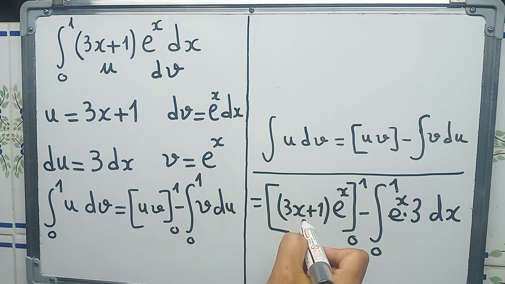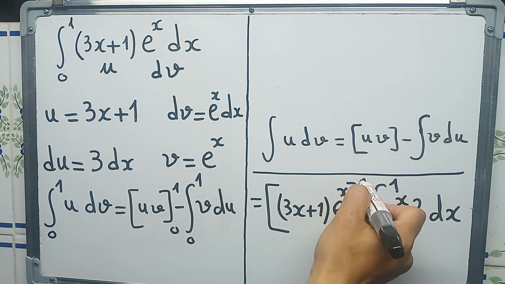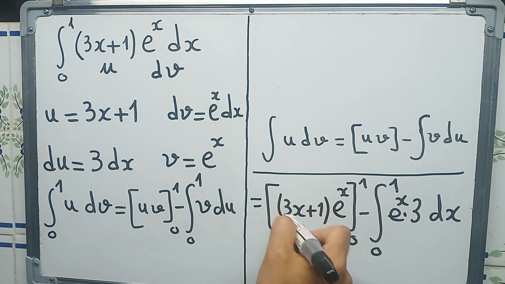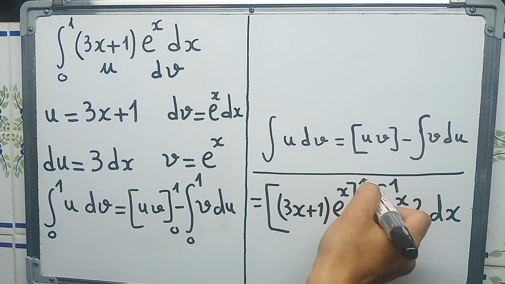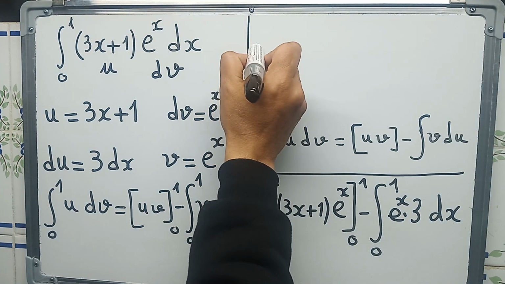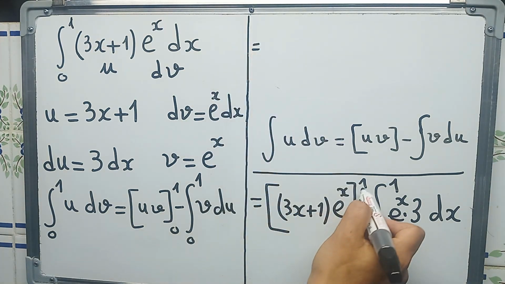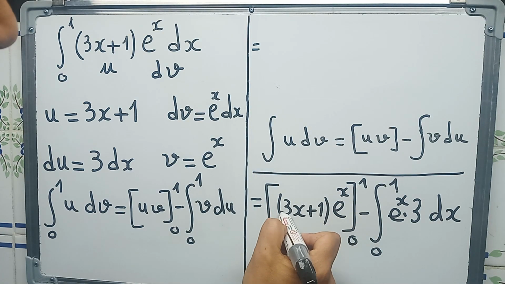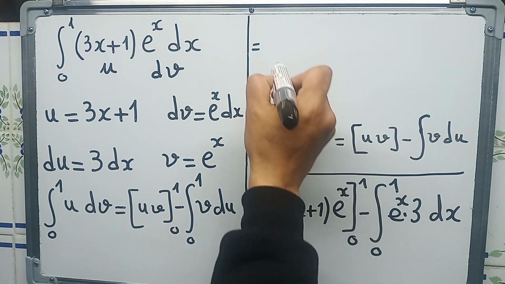Now I will just continue here. This we will calculate by plugging the two values, since we have the formula here, so we just plug 1 and 0. So if we plug 1, we will have 3 times 1 plus 1. 3 times 1 is 3 plus 1 is 4.